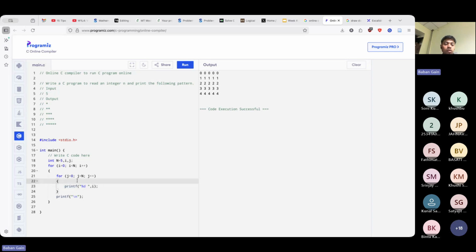Okay, so I think there should be the if function as well. What should be the if: I greater than J or J greater than I? J less. If J greater than I, then I think there should be continue.